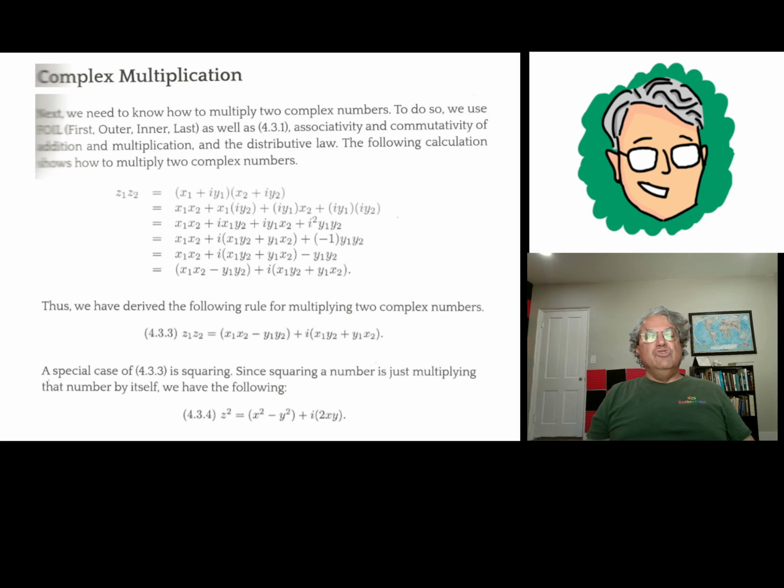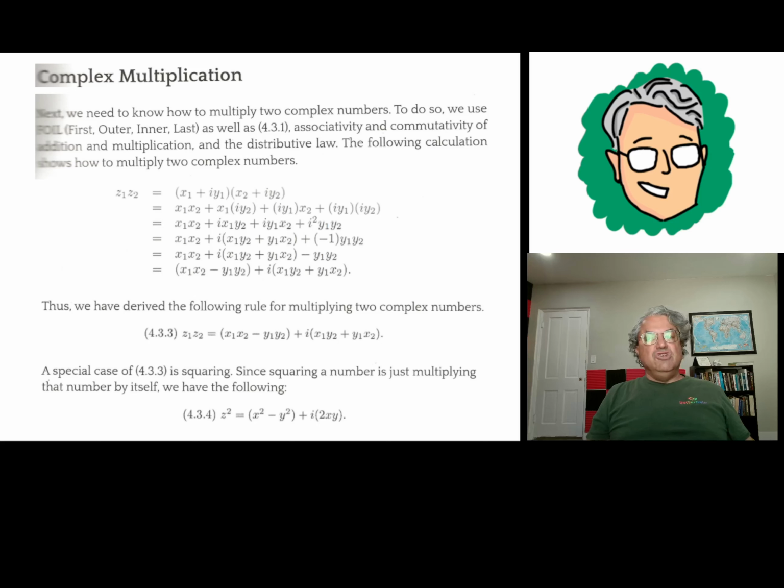So now with each term written out, we get x1 x2 plus i x1 y2 plus i y1 x2 plus minus y1 y2. Now let's reorder the terms. We can do that using the commutative property of addition. So we can move the real parts together. We get x1 x2 plus or minus y1 y2.